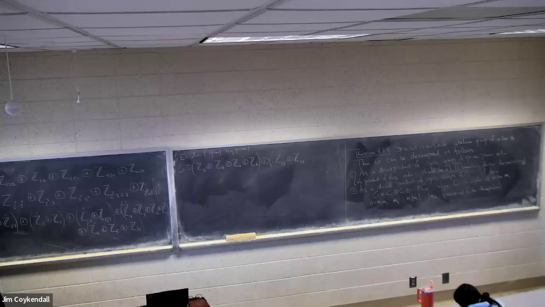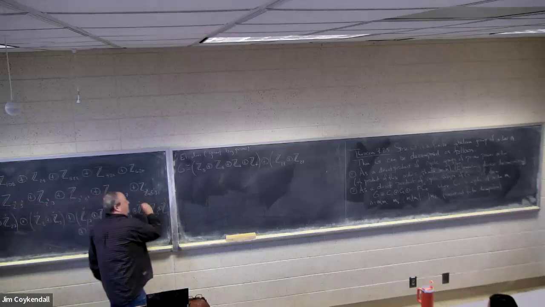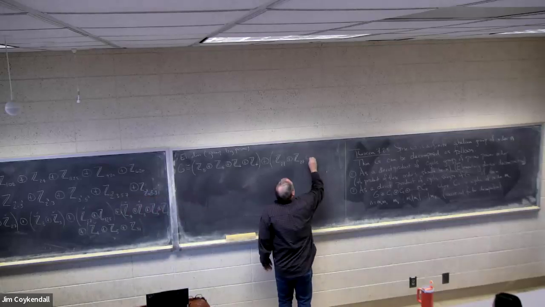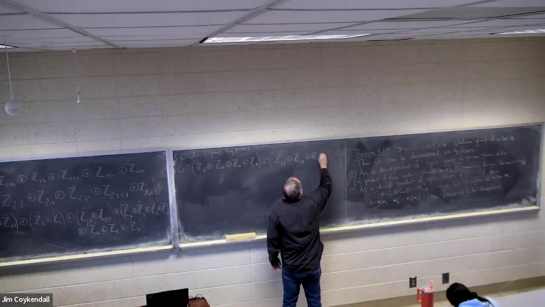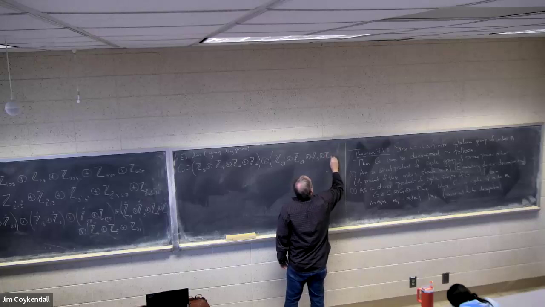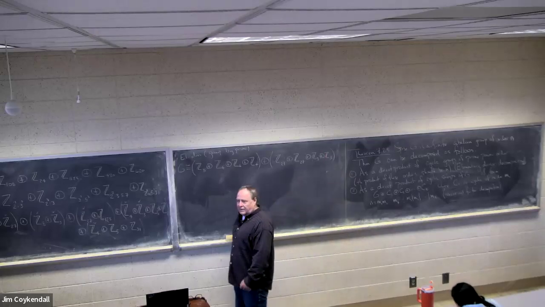I've got a pair of Z3s, don't I? Is there a reason why we're reordering them? Does it matter here? No, but it's going to be convenient for me to do next. There's a pair of these, right? And that takes care of 3.